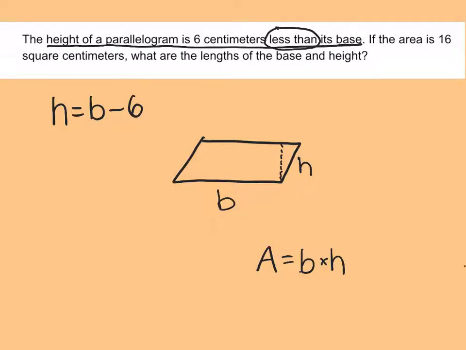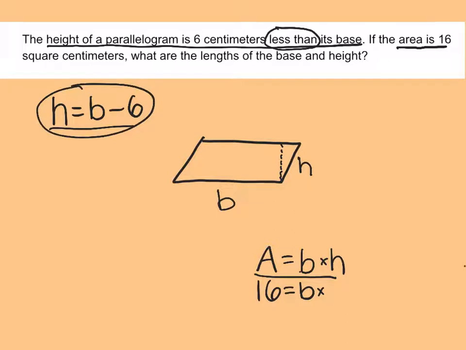Then we also know that the area is 16. So instead of a, I'm going to put 16 equals b times, and instead of h, I know that h equals b minus 6.